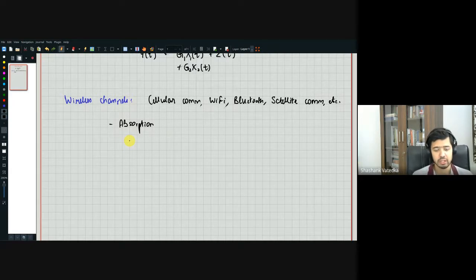For example, it's going to be absorbed by space, by the air surrounding us, and there are other objects around us which absorb some of the radiation. So 10 milliwatts of power transmitted doesn't mean that you get 10 milliwatts of power at the receiver. The receiver could get maybe 1 milliwatt, right?